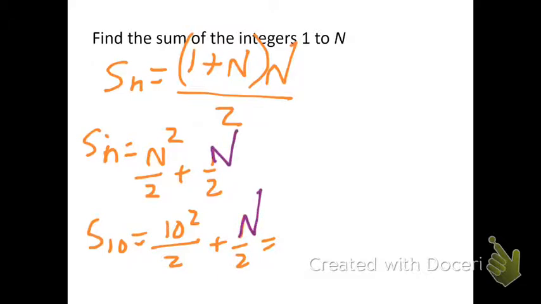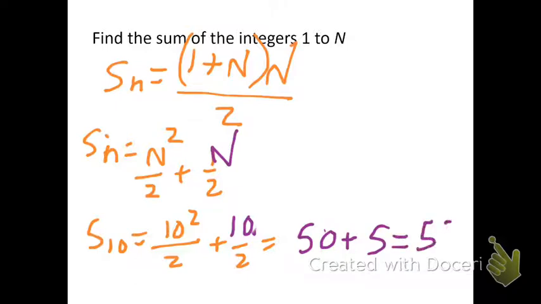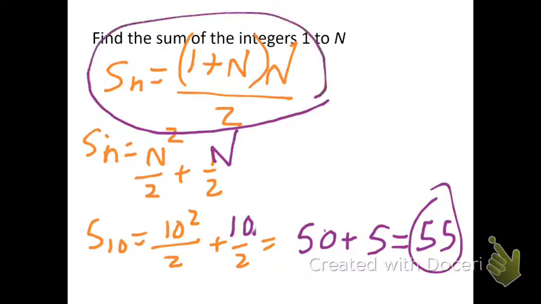So when I substitute n as 10, we get 10 squared divided by 2 is 50, plus 5, and we get 55. So 1 plus 2 plus 3 plus 4 plus 5 plus 6 plus 7 plus 8 plus 9 plus 10 is equal to 55. And if you wanted to do the first 50 terms, then you could just use this formula and plug in 50 for n.